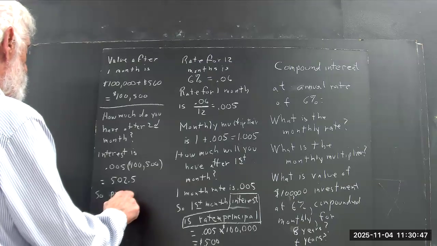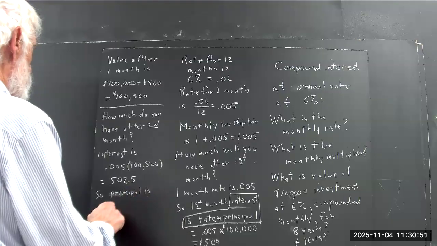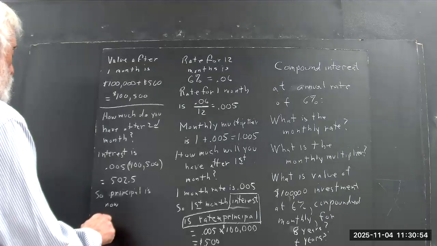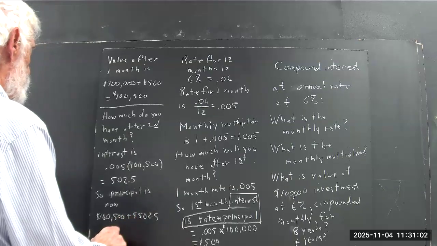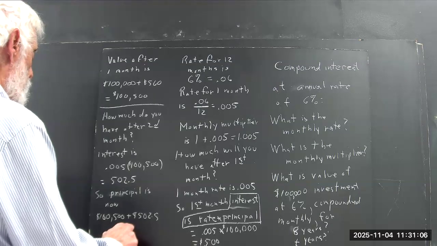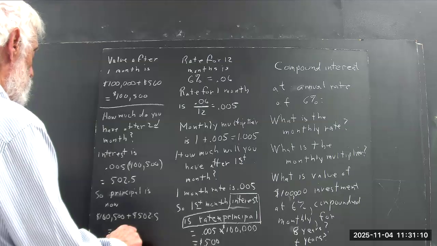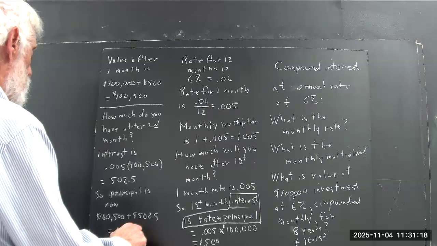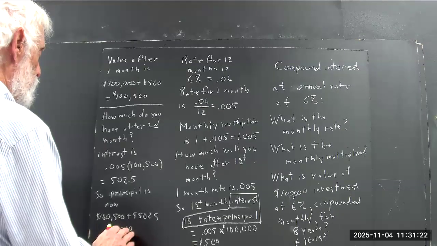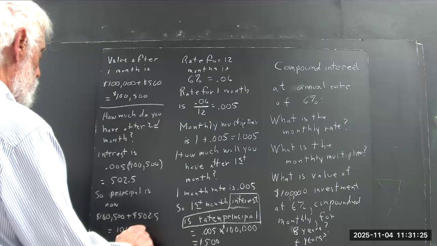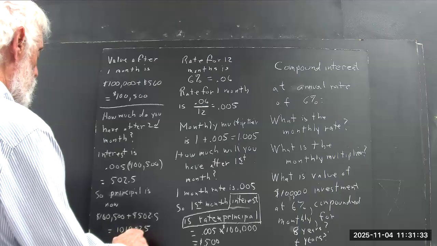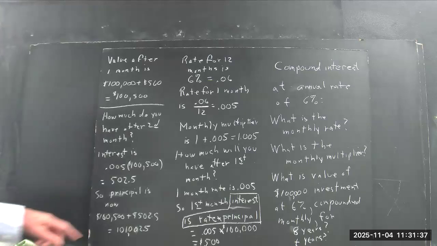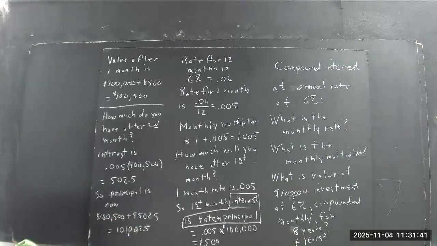Well, it's principal. Okay. $101,000 and $2.50.